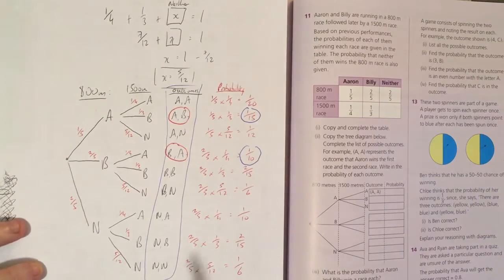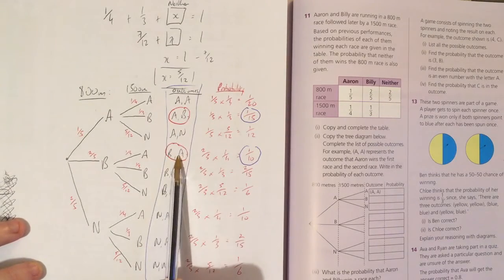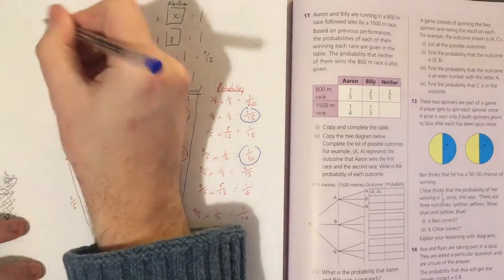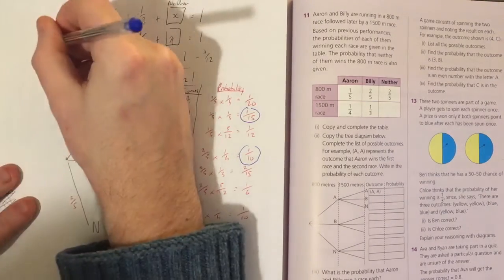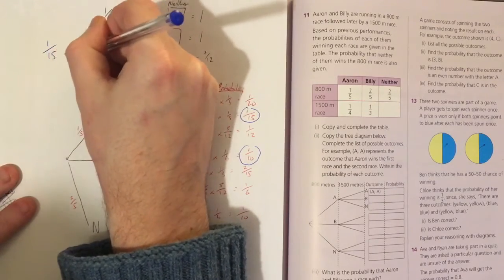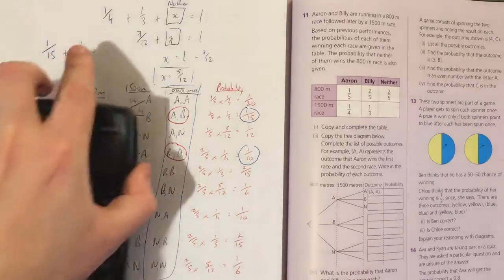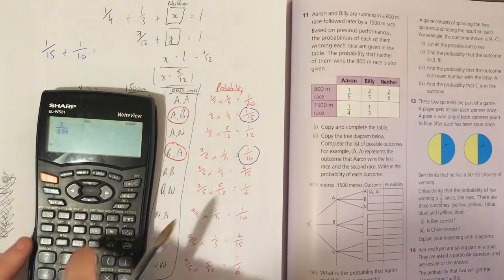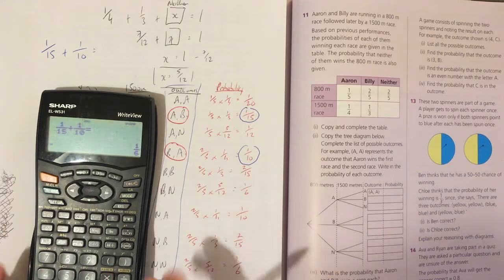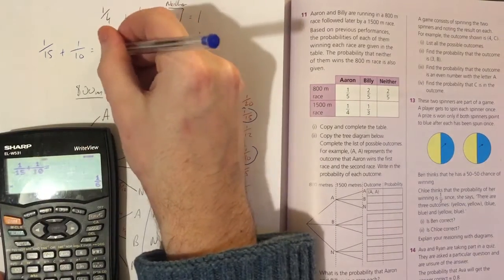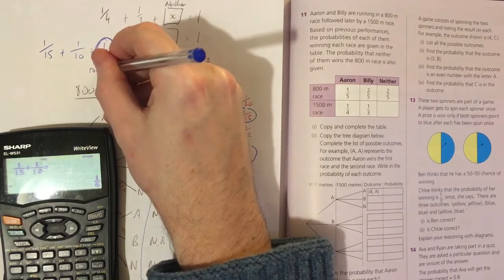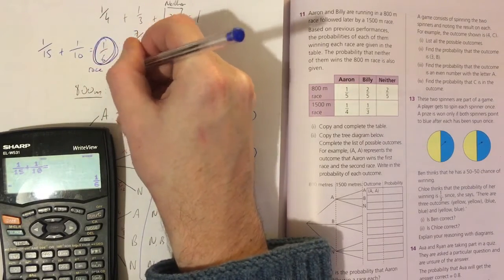Okay, so the probability that it's this or this, you're going to add these probabilities together. So just doing it up here, it will be 1 in 15 plus 1 in 10, which is a 1 in 6 chance. Okay, so it's a 1 in 6 chance that we get a race each.